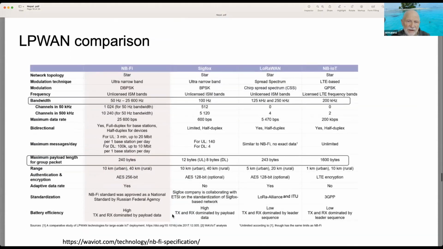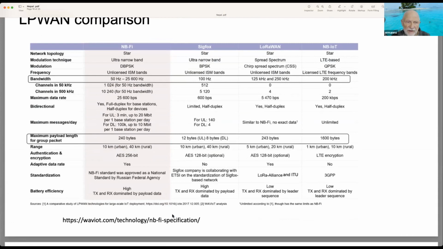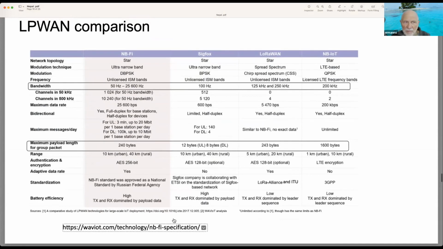Okay, here we have a comparison of some of the low power wide area network initiatives. We have narrowband IoT, which is from the cellular world. We have LoRaWAN, which is the one we just described, Sigfox, and there is a new one that is called narrowband fidelity. This is a technology which I haven't had the opportunity to test yet. I tried to get it, but I haven't been able to.